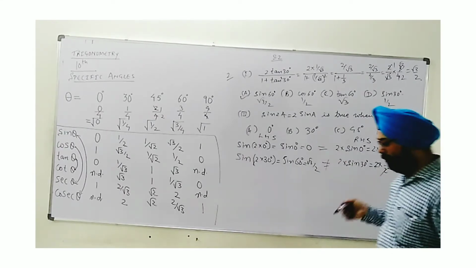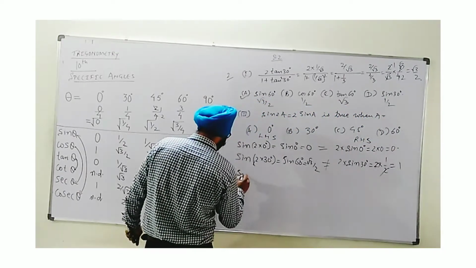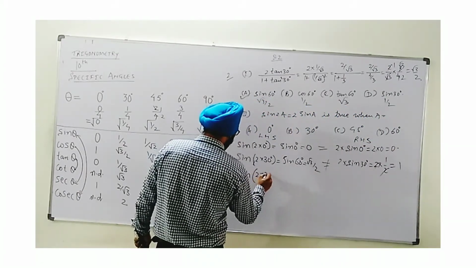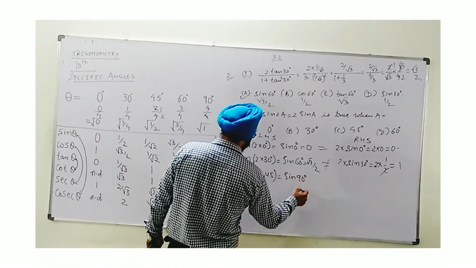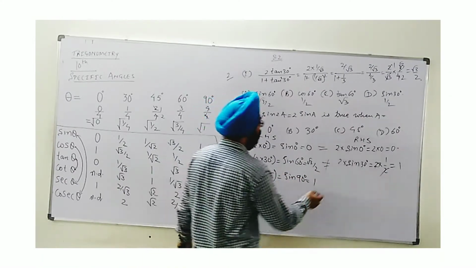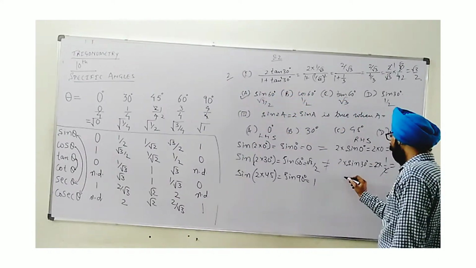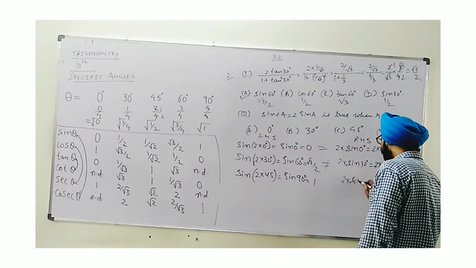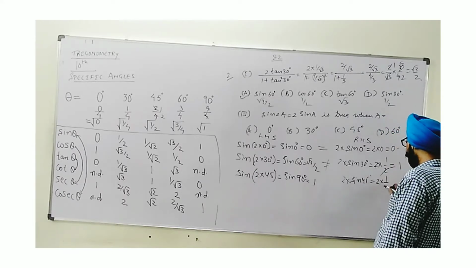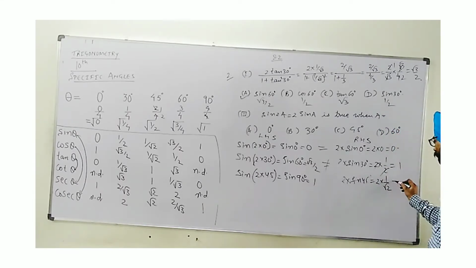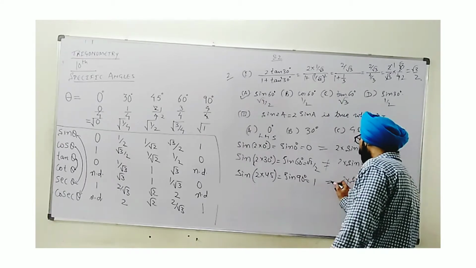Similarly, you can go for 45. This will be sine 2 into 45, which is sine 90 degree. It's a 1. For RHS, 2 into sine 45. This will be 2 into 1 by root 2. And now 2 divided by root 2 is root 2. Once again, these two are not equal.